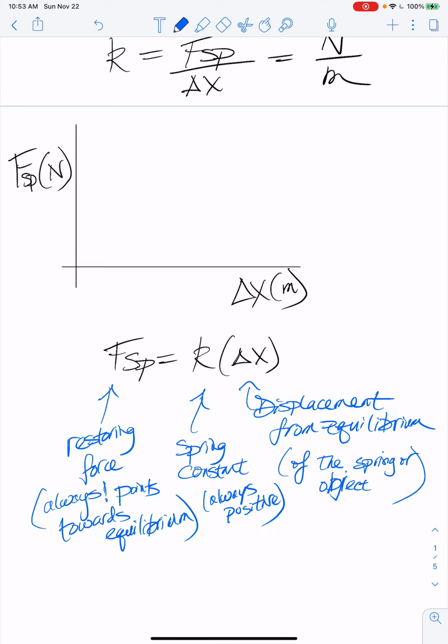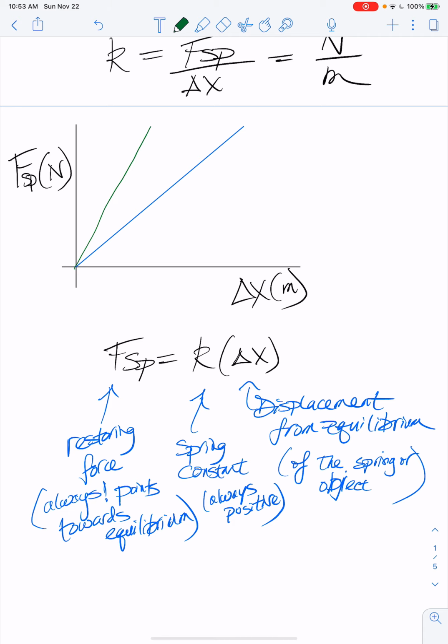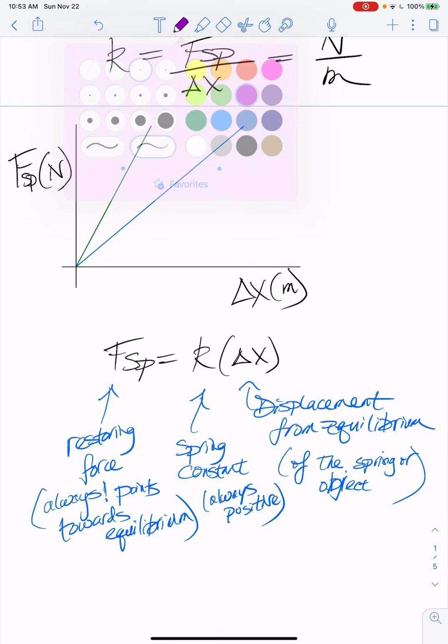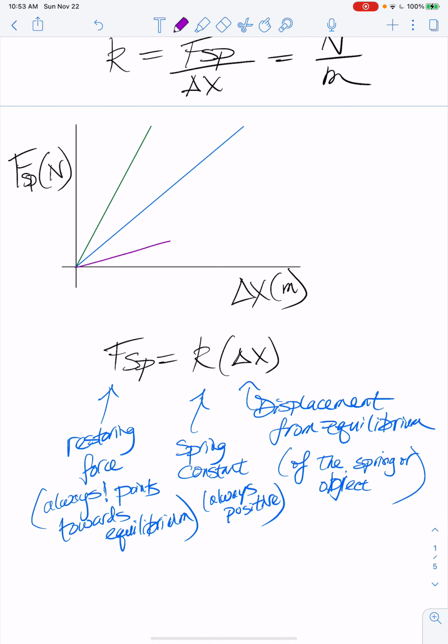So up here, if we make this graph, I'm gonna make it a few times here. Let's go with a different color. What the heck, let's go with purple. What we can see is that the slope, right? We think of just the proportional linear relationship y equals mx. We know that m is equal to y over x.